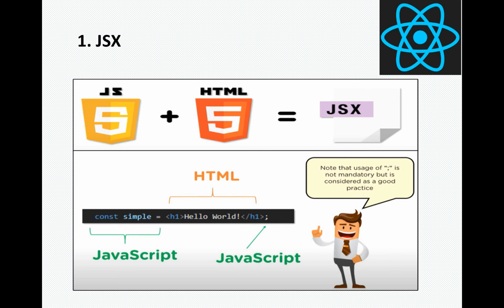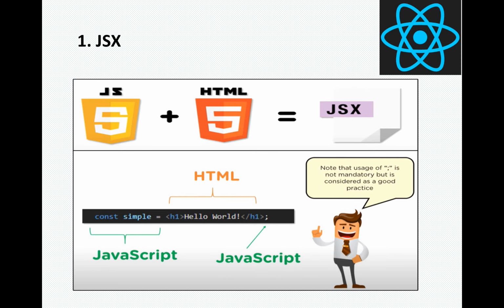But you should note that usage of the semicolon is not mandatory, but it is part of best practices. So we use it. So this is all about JSX. We use JSX in React, right? So JSX is the combination of JS and HTML.